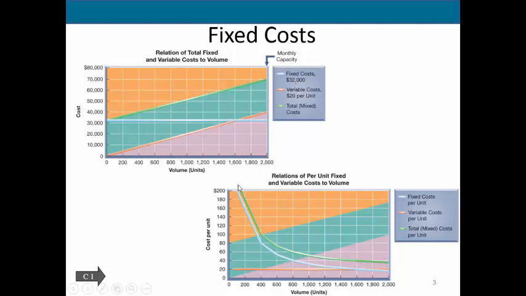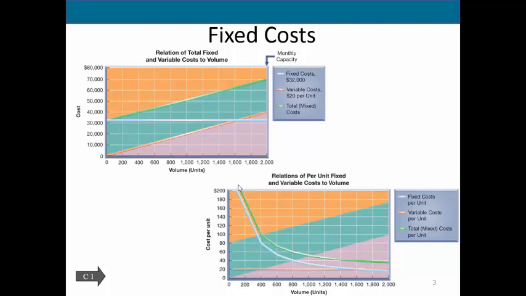So in that case, the fixed cost per unit would be $32,000. But then what happens if we increase that denominator? Anytime we increase our denominator, it's going to make our per unit amount decrease.